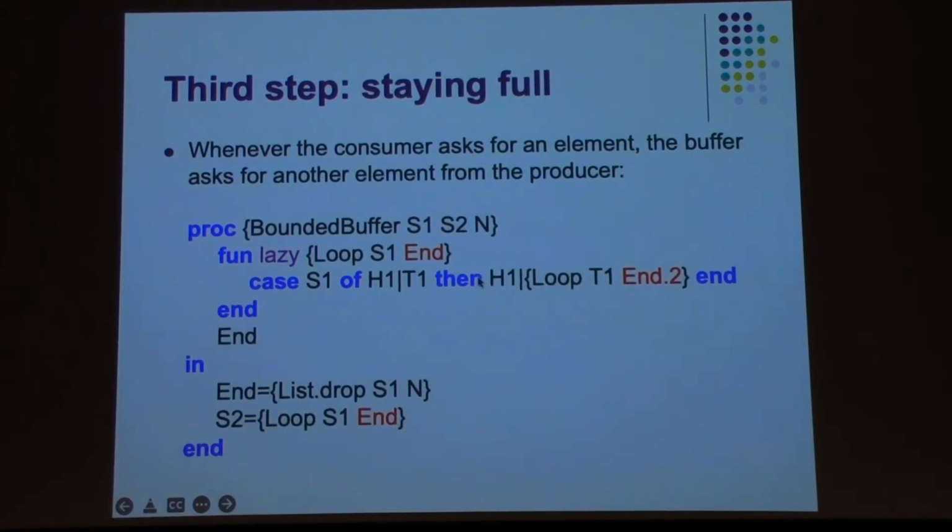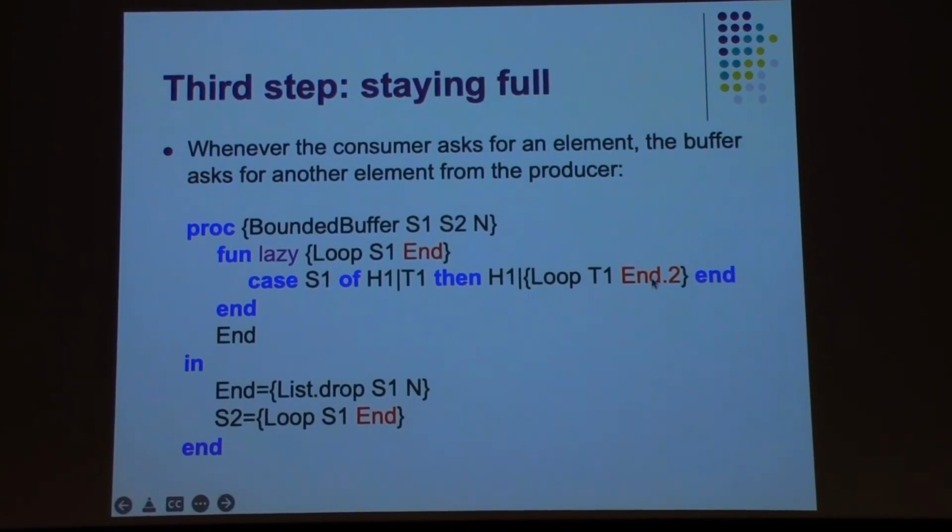Well, it has to ask the producer for another element. But that's easy enough. We add an extra argument to loop, which puts in this end, and we run it with End.tail, which asks for the next element from the producer.